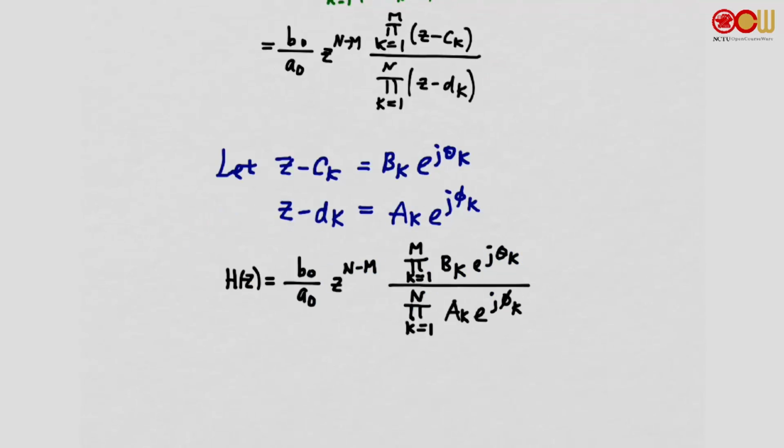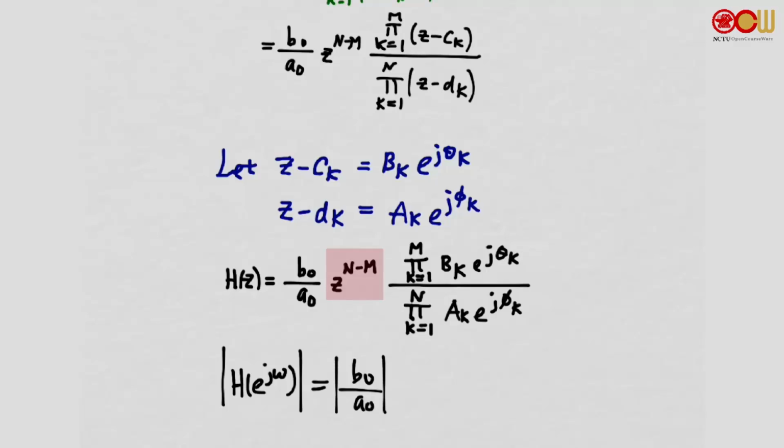Now if we want to look at the magnitude response, which is the z-transform evaluated on the unit circle, with absolute value, then we get |b0 over a0|, and this term here, when z is on the unit circle, has absolute value equal to 1.